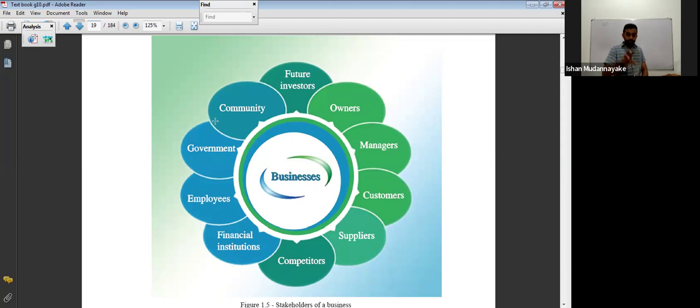Students are stakeholders in a business organization. But out of these stakeholders, owners, managers, and employees we can categorize as internal stakeholders.